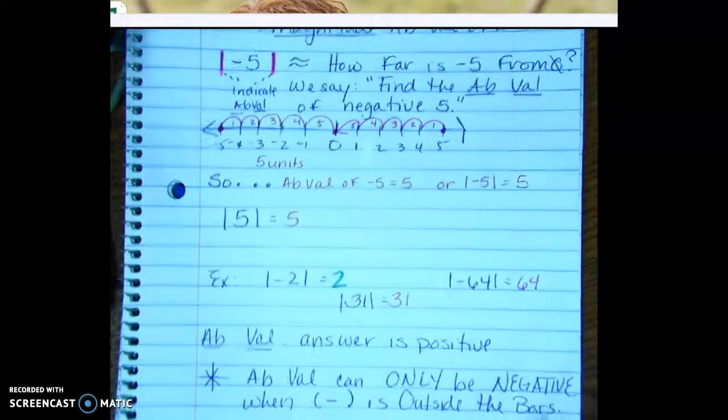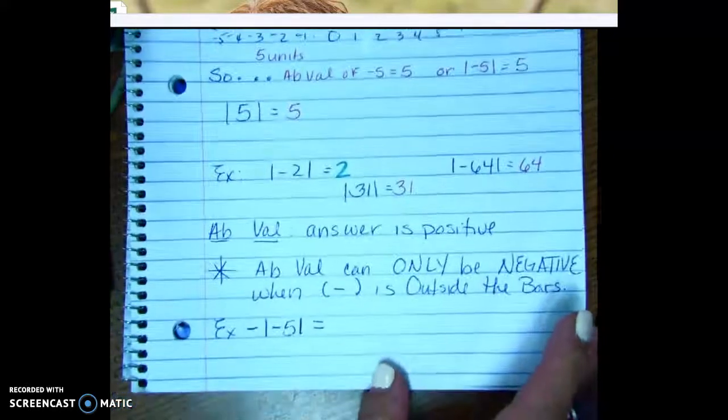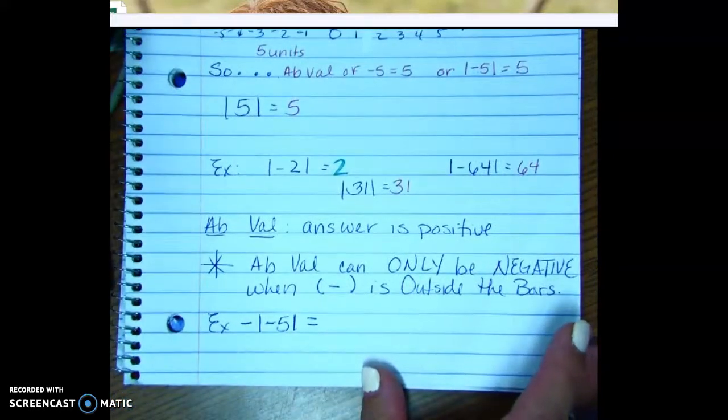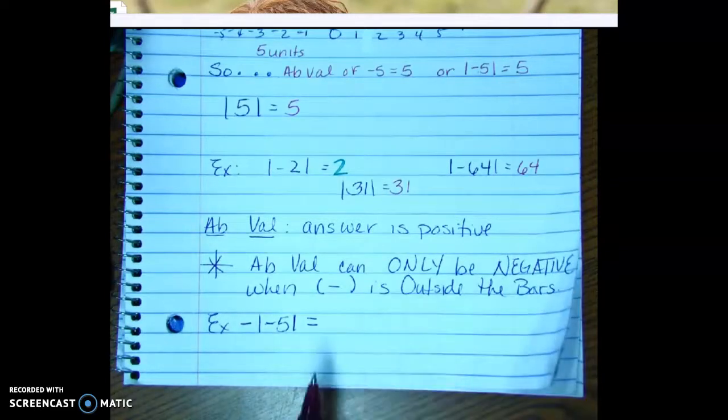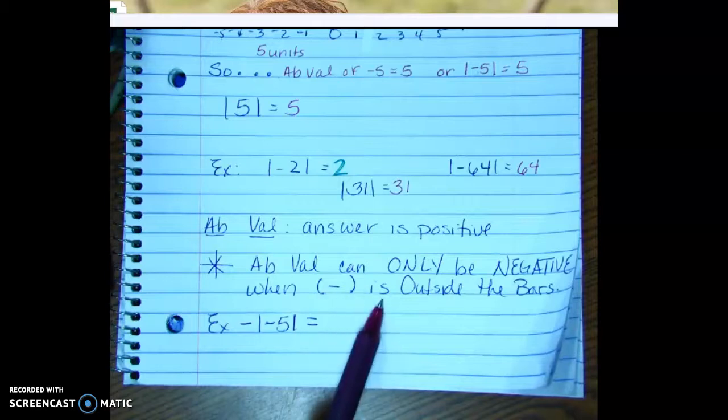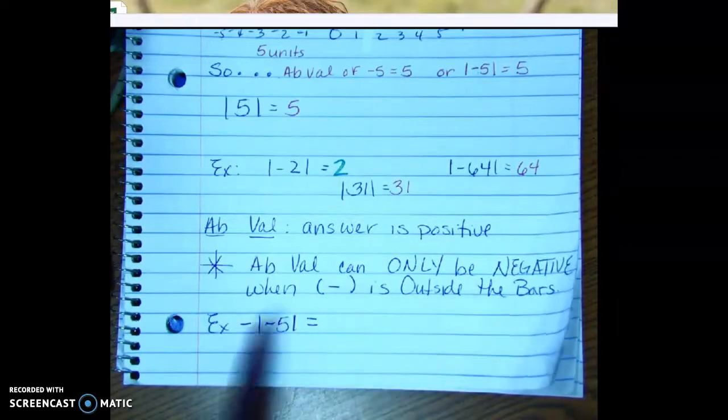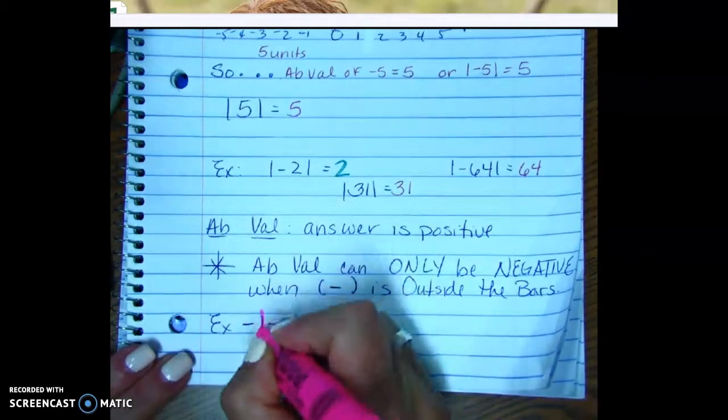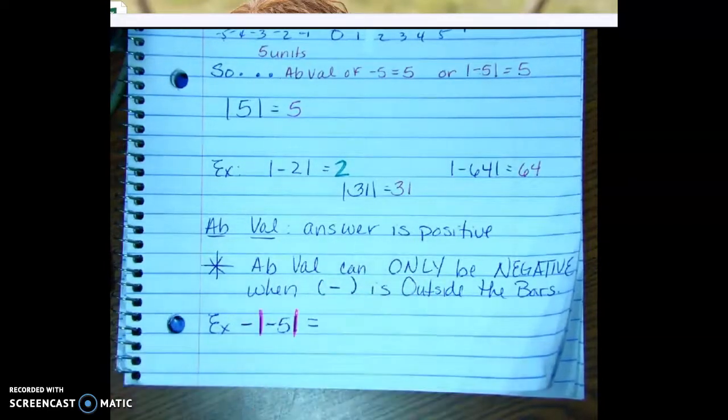However, sometimes you're going to see absolute value as a negative. Well, the only time it can happen is when there is a negative that is outside of the bars. So let's go ahead and highlight those bars. Here they are. It's not 5, it's negative 5.